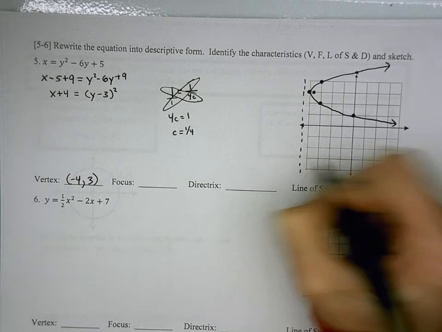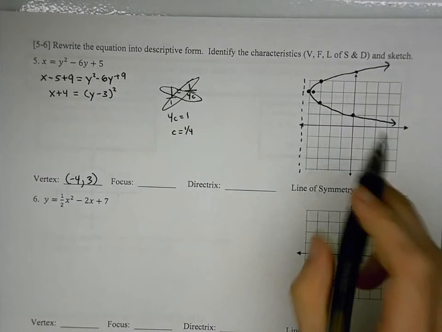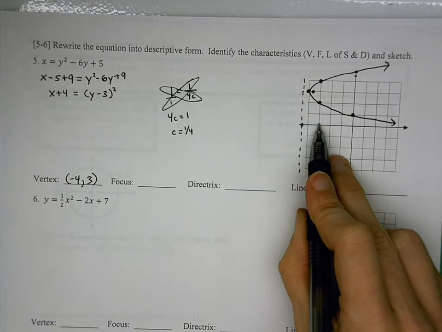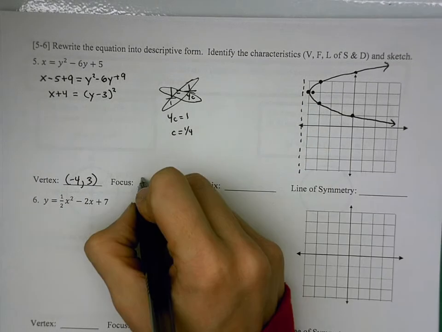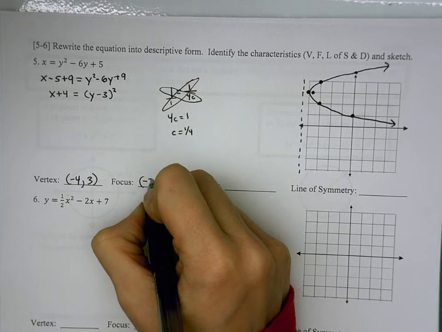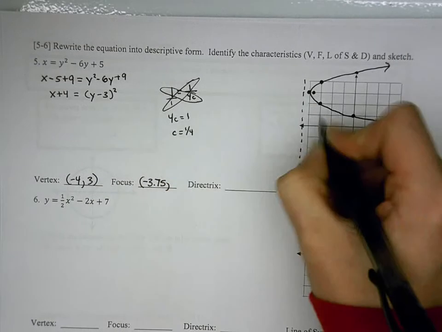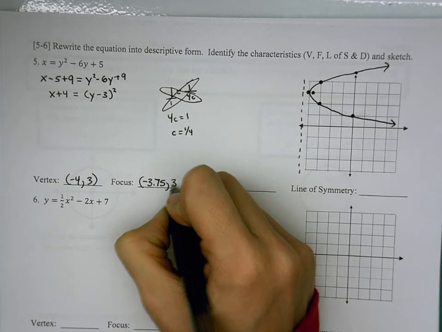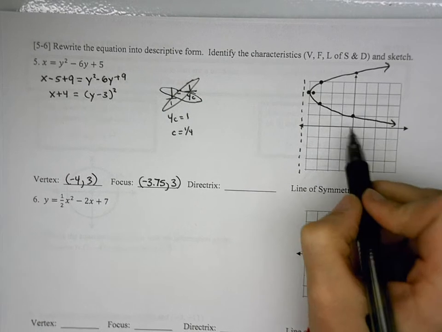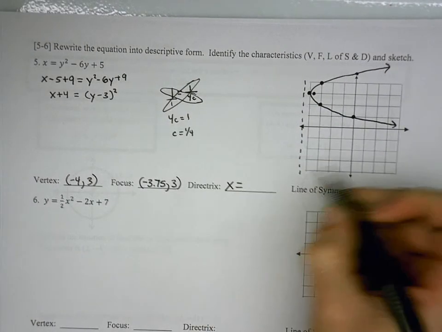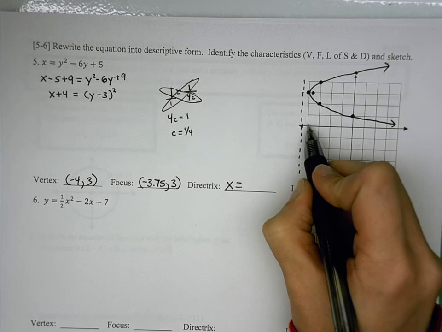Okay. So the focus here is at x equals negative 1, 2, 3, and 3/4, or 0.75 if you prefer to think of it as a decimal. And then my y is 3. My directrix is at x equals, because it's a vertical line, negative 1, 2, 3, 4, and 1/4.